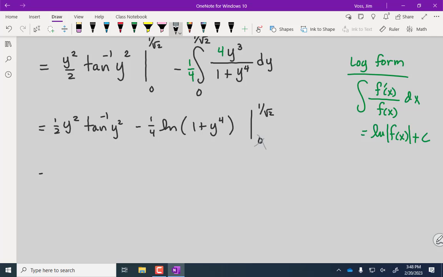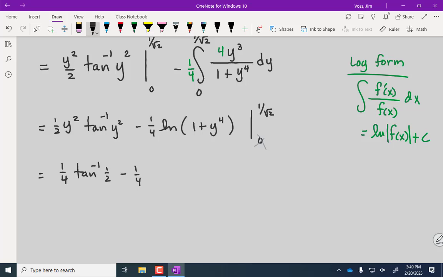So plugging in 1 divided by square root of 2. When we plug in 1 divided by square root of 2, right here, that becomes 1/2 times 1/2, which is a fourth, times arctangent of 1/2. 1 over root 2 times 1 over root 2 is 1/2.